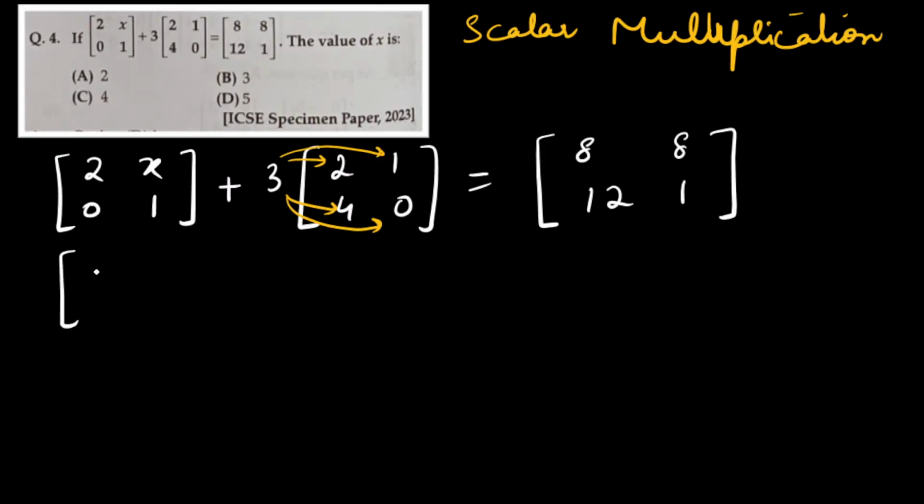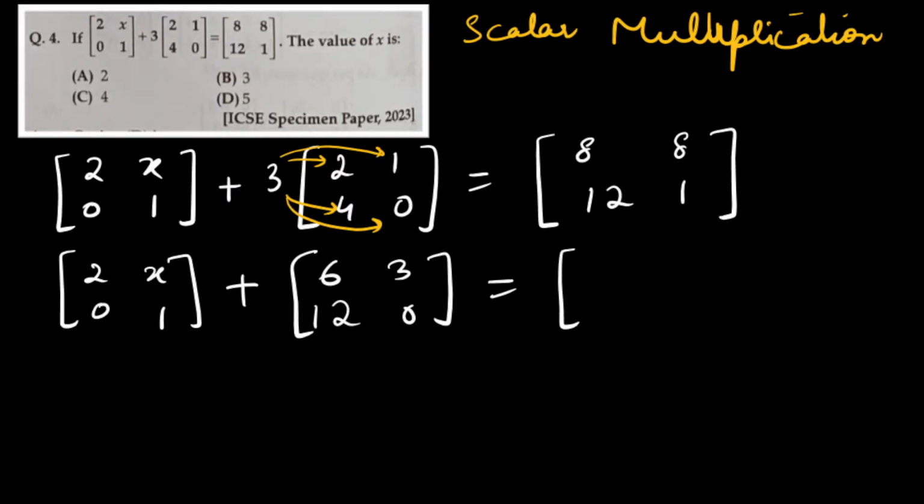This matrix I have to add to this one. So after doing scalar multiplication, 2 into 3 is 6, 3 into 1 is 3, 12, 0. So this is equal to 8, 12, 8, 1.